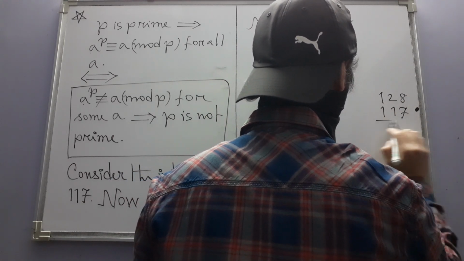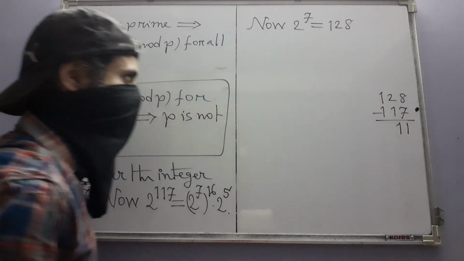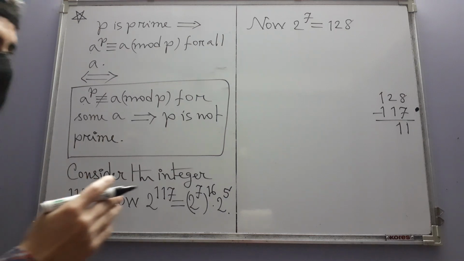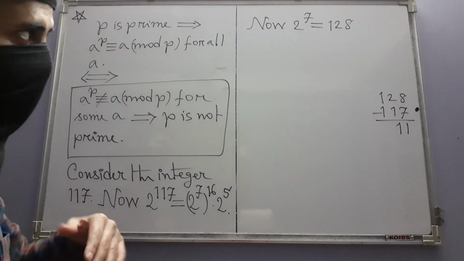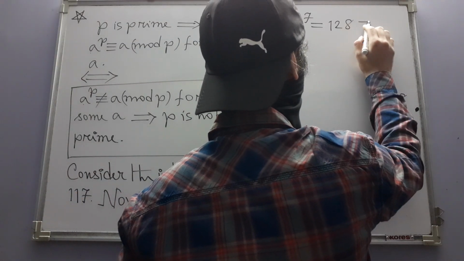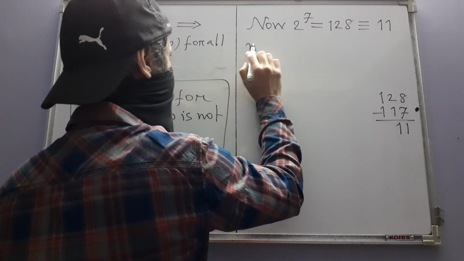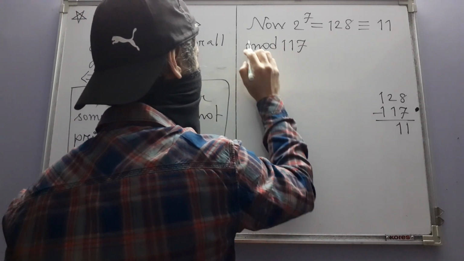So what shall we get if we subtract? We are getting 11. That's because we have to subtract, because 2 times 117 exceeds 128. So that is why this is congruent to 11 mod 117.